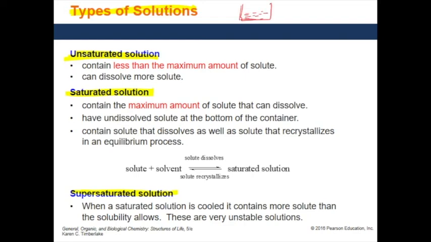If we have 1 cup of water and we are adding salt into it, we said that the solubility of salt in this water is, let's say, 5 spoons in 1 cup of water.